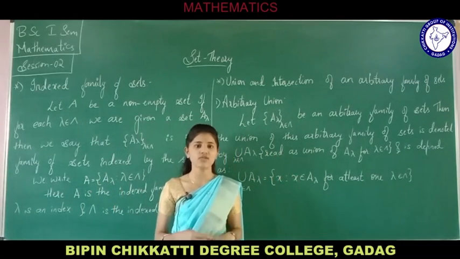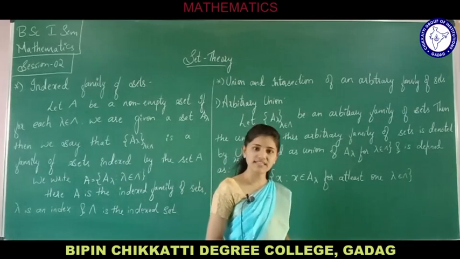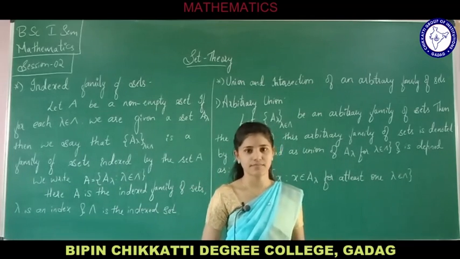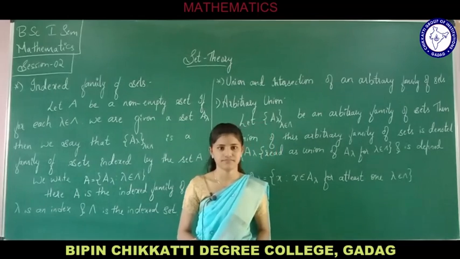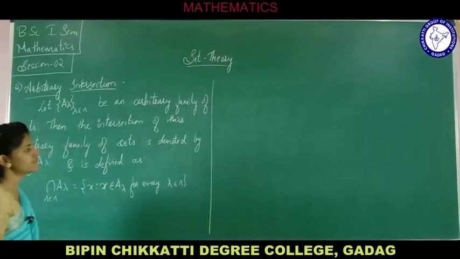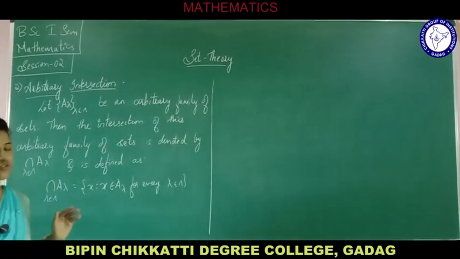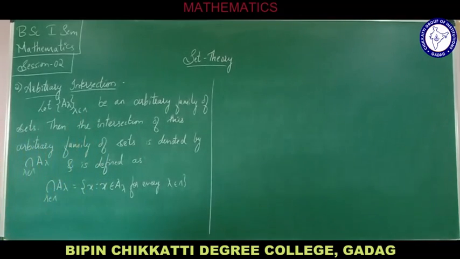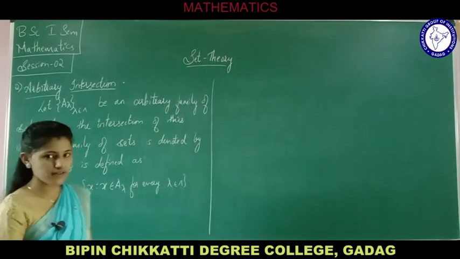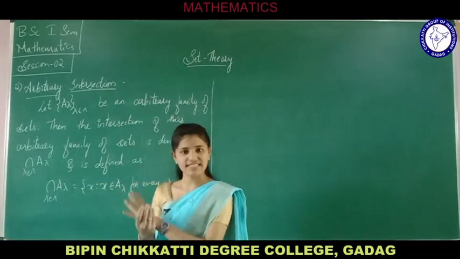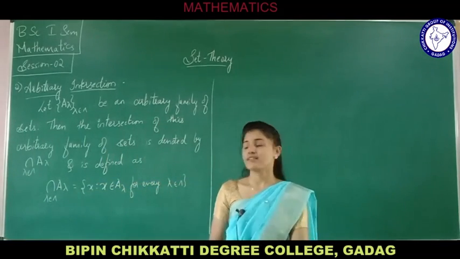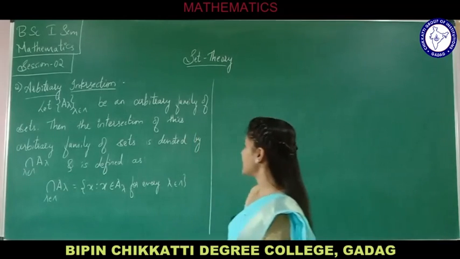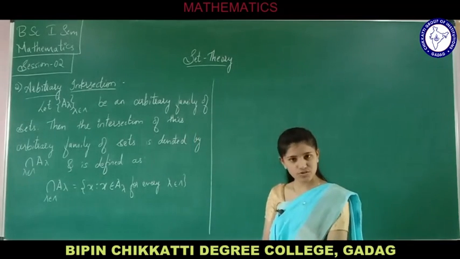In the same way, now let us define the arbitrary intersection of sets. We had studied the arbitrary union. Now the arbitrary intersection. Let A lambda, where lambda belongs to this indexed family of sets, be an arbitrary family of sets.